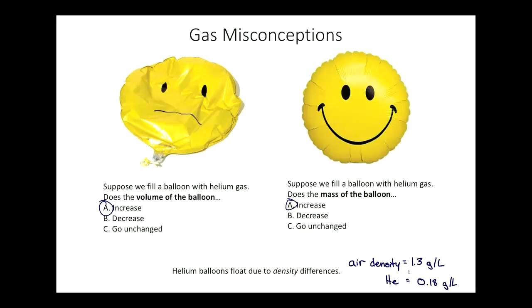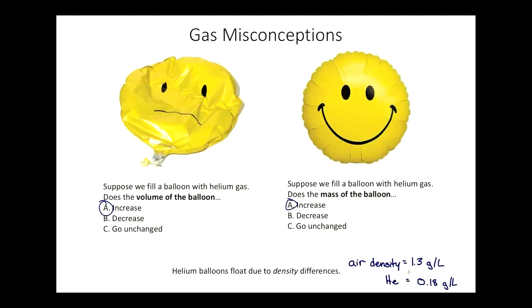Because as humans, we know that helium balloons float, right? So the common misconception is that the student thinks, oh, the balloon floats, so it has less mass. Like half of the 4 p.m. class got it wrong too. No, you're mistaking density with mass. We are adding particles into the balloon, so the mass has to go up.